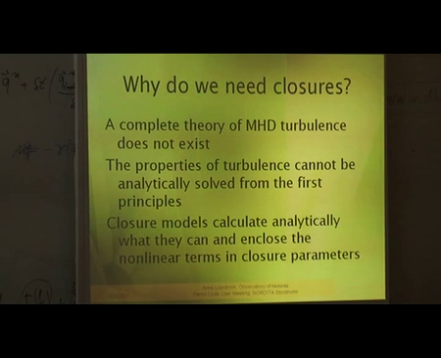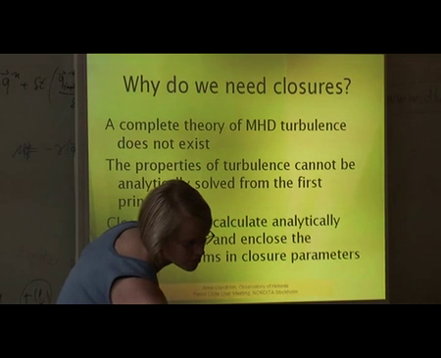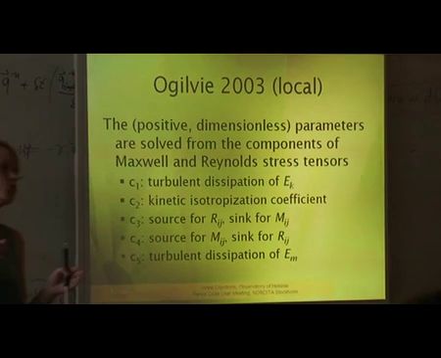So in these closure models, they calculate analytically what they can, and the ugly, difficult, non-linear terms are enclosed in closure parameters that are positive and dimensionless. I'm not going to go too deep into these models because they are somewhat complex, and it's not really the point here because this is a Pencil Code meeting.